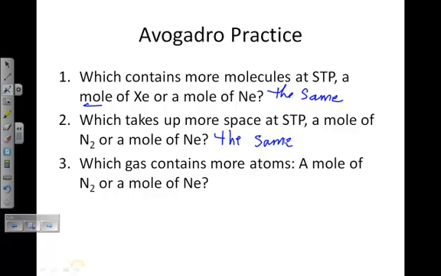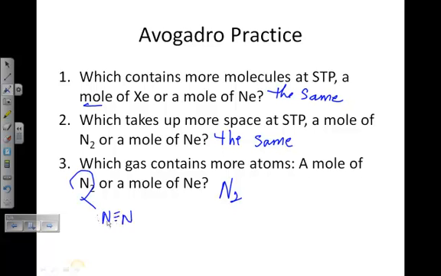Question number 3. Which gas contains more atoms? A mole of nitrogen or a mole of neon? Okay, the correct answer, a mole of nitrogen. Reason? Nitrogen, each molecule contains 2 atoms.